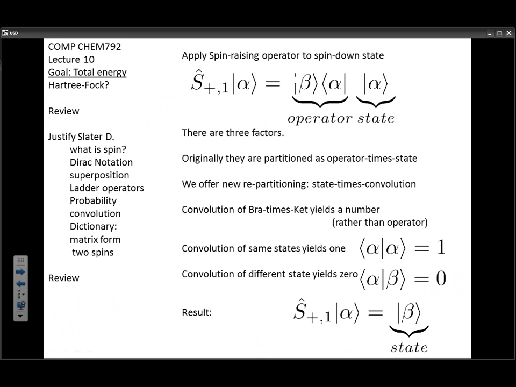Okay. And then we are applying this new operator that we have designed to spin state alpha. And please do not think that it is something too far from our course.